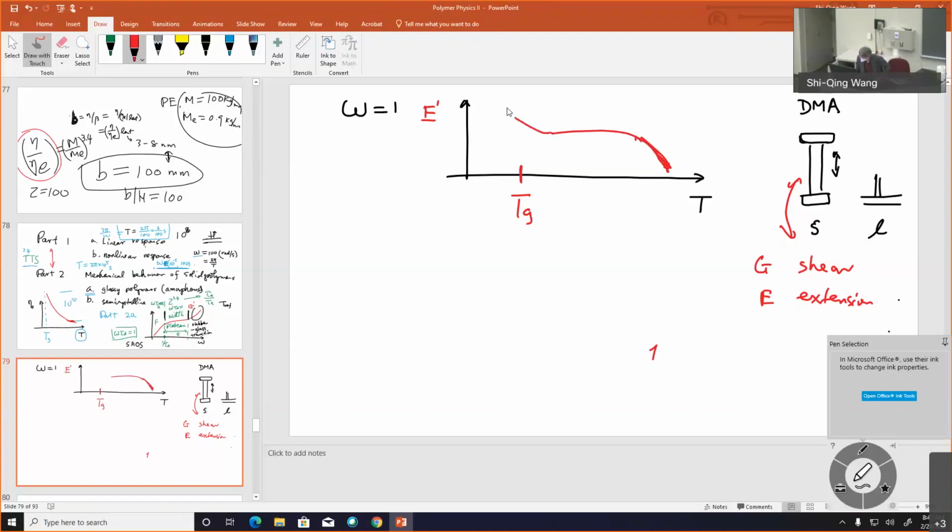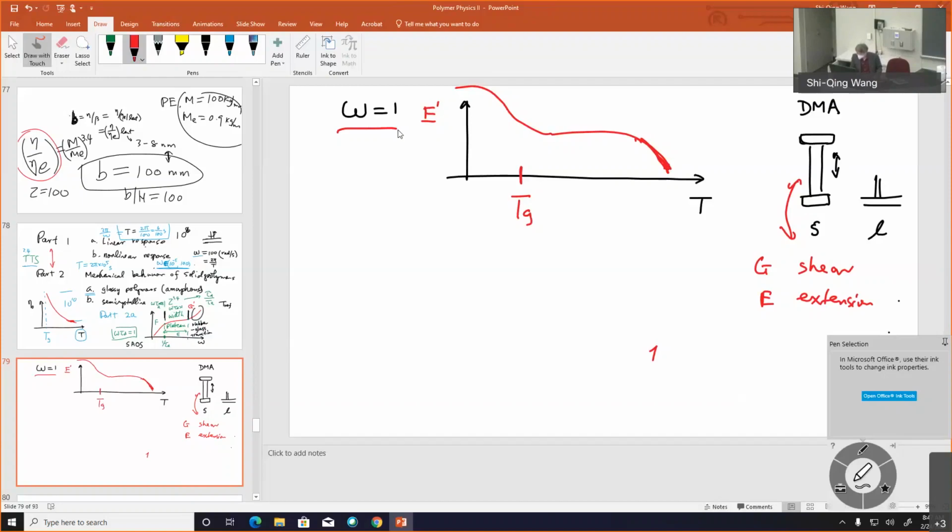And then do that. I know you have to get used to it, looking at it. Basically, I'm just looking at one frequency and trying to probe the stiffness of your polymer.